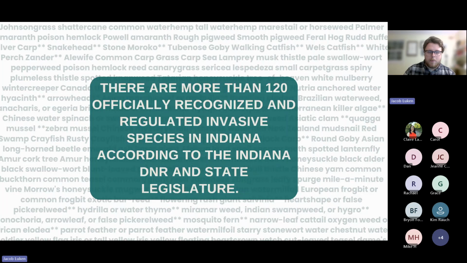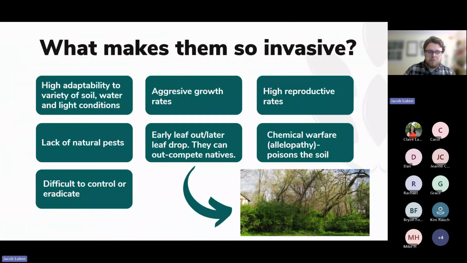So, what makes them so invasive? There are a lot of different things that can make invasive species so invasive and so prevalent in our society and our environment, and these are just some of them. But a lot of times, our species exhibit more than one characteristic.